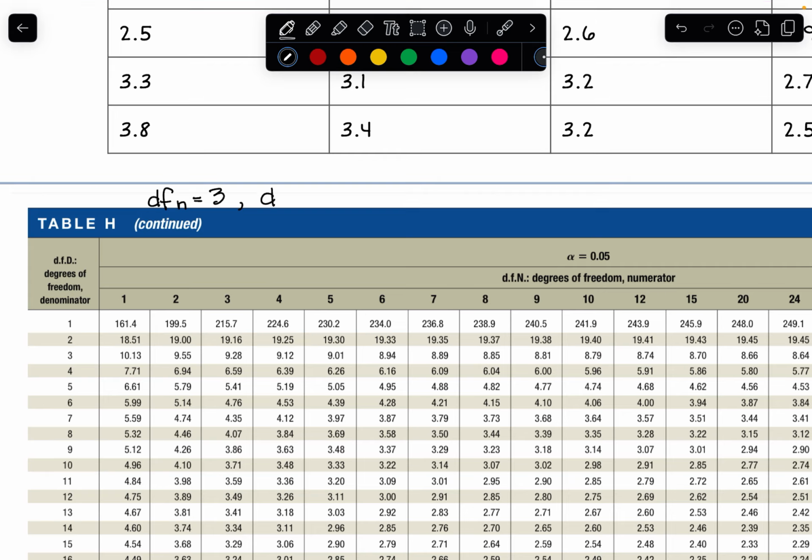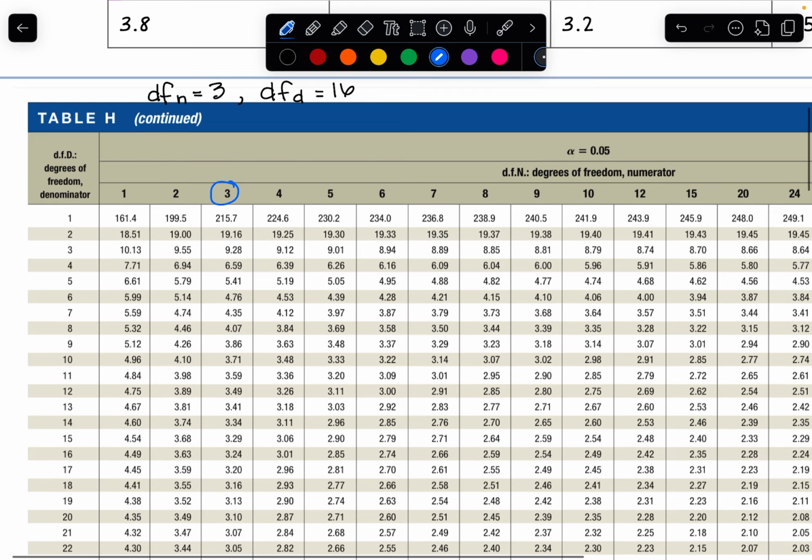And then we had degrees of freedom for the denominator, which was 20 minus 4, which is 16. So I'm looking for column 3, row 16, and I'm looking for where those intersect.